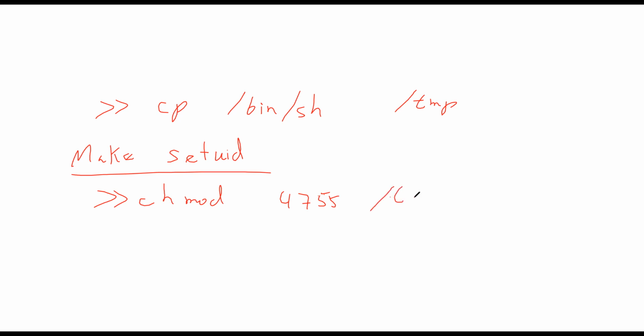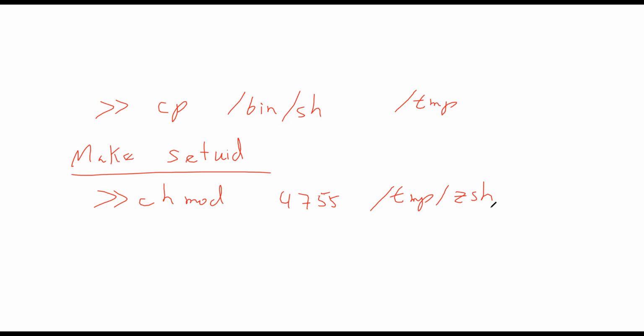So you make it, let's say for instance, in your temp, which is where you would have bash, or actually, let me just do csh. All right. So at that point, csh, you copied it into temp. It's a copy, not the original one.